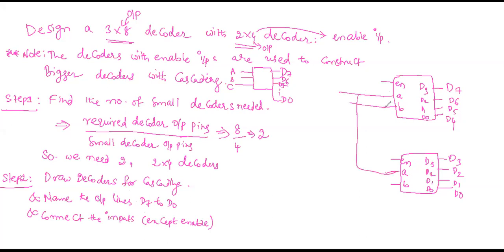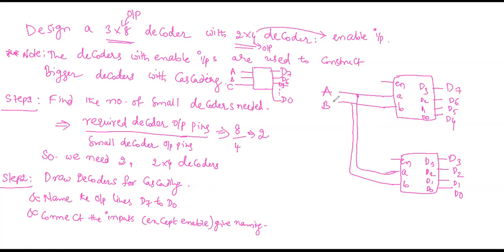Connect B input. Connect the inputs except enable and give naming. We have three inputs, so two inputs I am giving A, B.